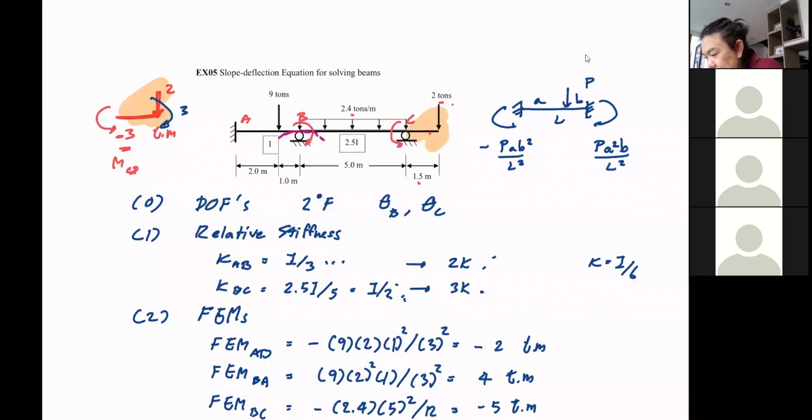It's only natural, right? You cannot have a positive curvature because of the support. So your structure tends to bend down in a frowning way. So most of the time, wherever there is a support, the moment at the support is generally negative moment.